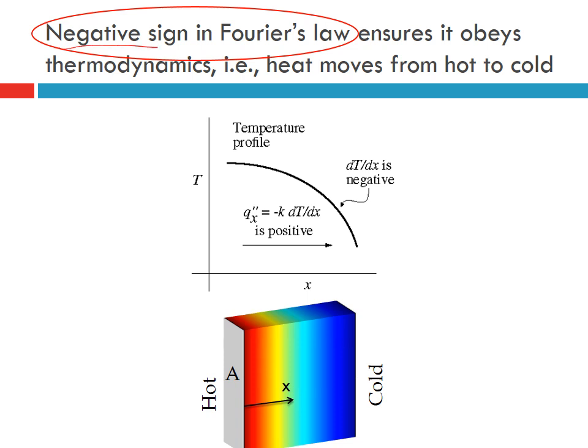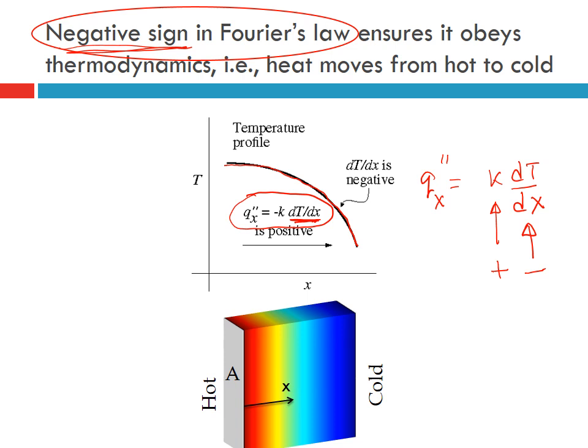Now about the negative sign in Fourier's law. You notice one thing, that in Fourier's law, dT/dx in this example is negative because temperature is dropping this way. So dT/dx is negative. So if I wrote qx double prime equal to k dT/dx, we know dT/dx is negative and this k is positive, which means I'm going to get a heat flux value that is negative.